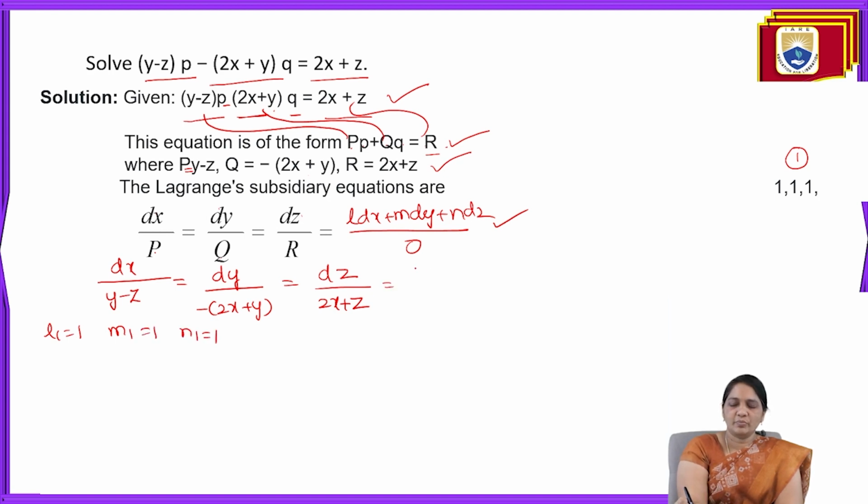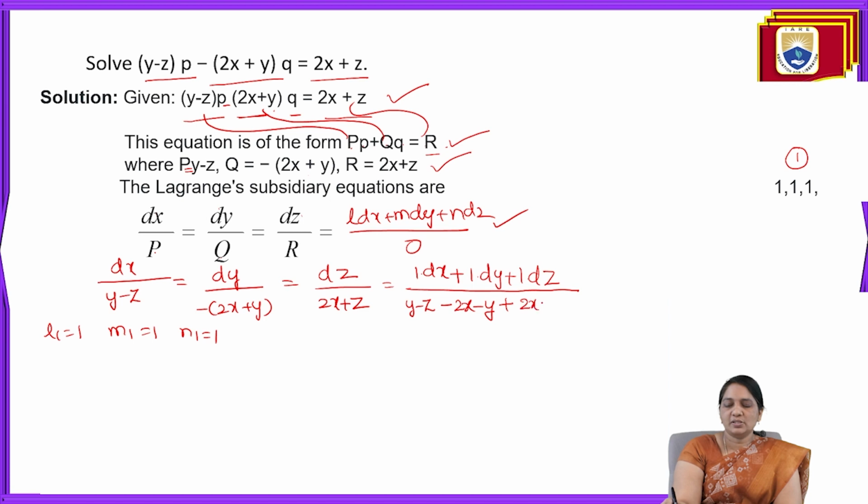According to that, first I am doing 1 into dx plus 1 into dy plus 1 into dz. The same I am going to multiply in the denominator also. So 1 into (y minus z) is y minus z, plus 1 into minus (2x plus y) is minus 2x minus y, plus 1 into (2x plus z). So plus 2x minus 2x, plus z minus z, plus y minus y.